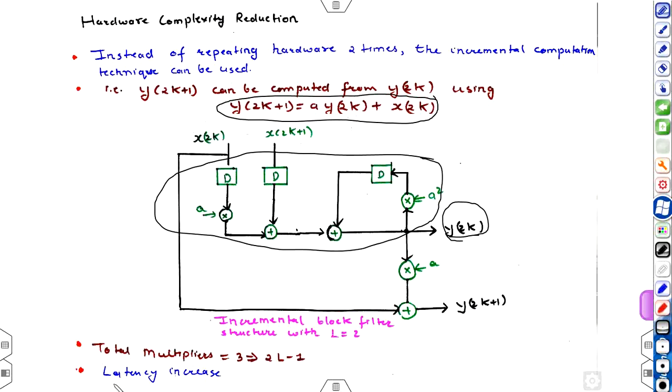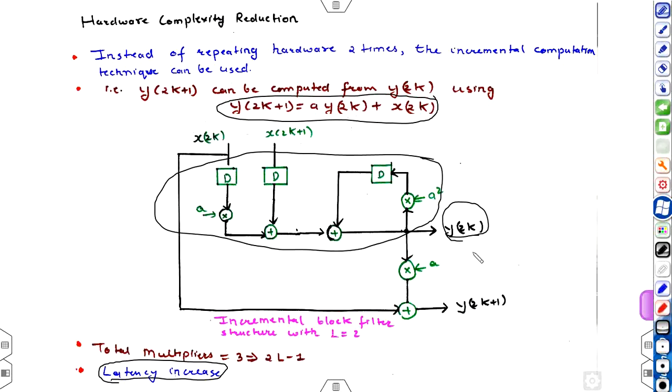But as a result, latency is increased by 1. How? During the first cycle y of 2k will be computed. Y of 2k plus 1 cannot be computed directly because it has to wait for the generation of y of 2k. After that, with the help of y of 2k, y of 2k plus 1 can be calculated. So there is a gap of one cycle.